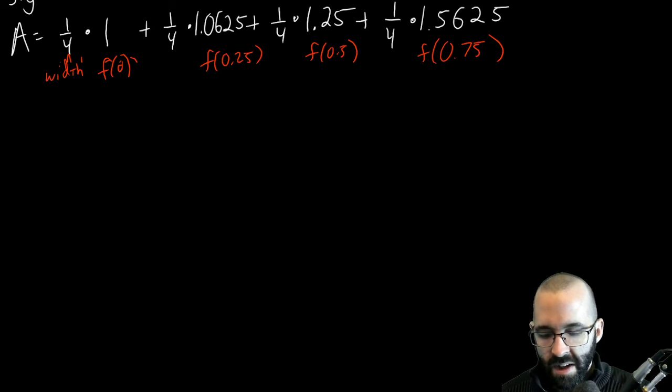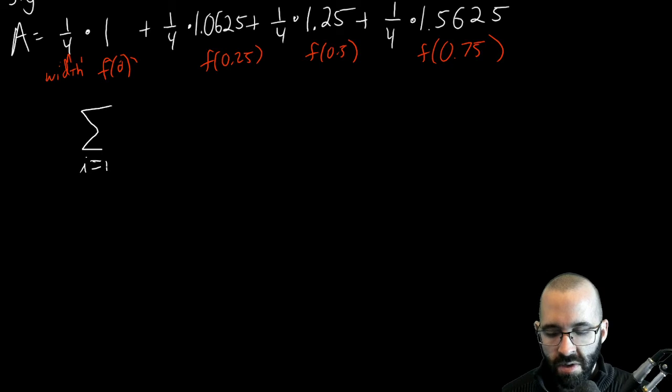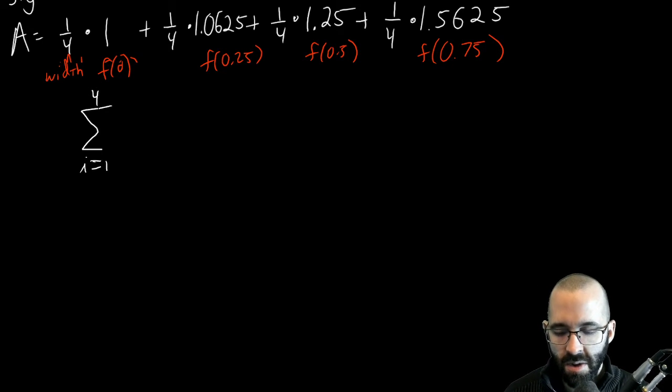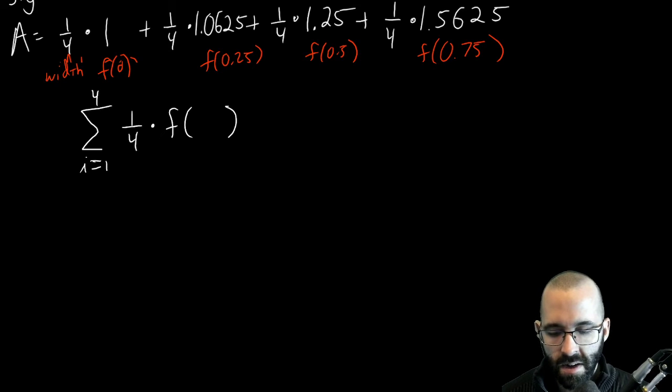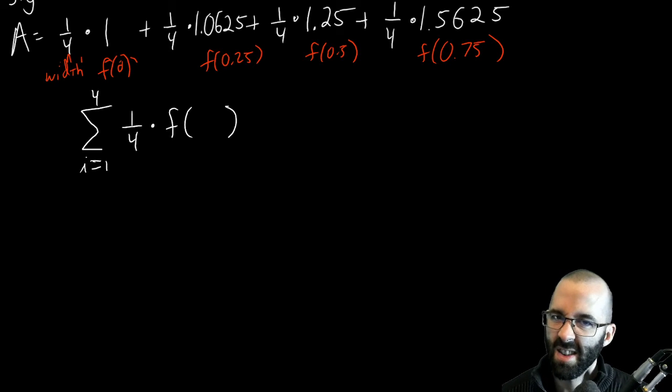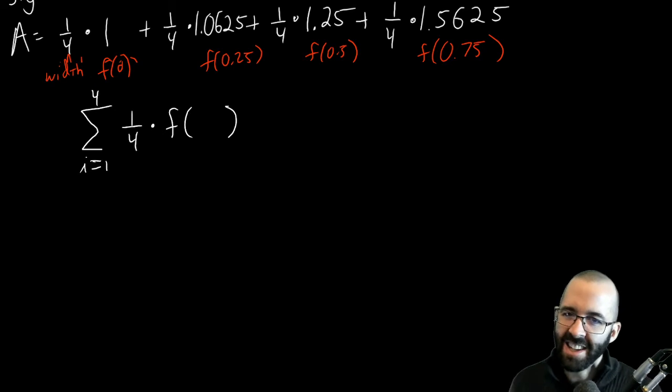So how do we do that? Well, it's just going to be the sum from i goes from 1 up to 4. There are 4 pieces. 1, 2, 3, 4. And every piece has 1/4 times the function value at 0, 1/4, 1/2, or 3/4. And this is where things get a little squirrely.